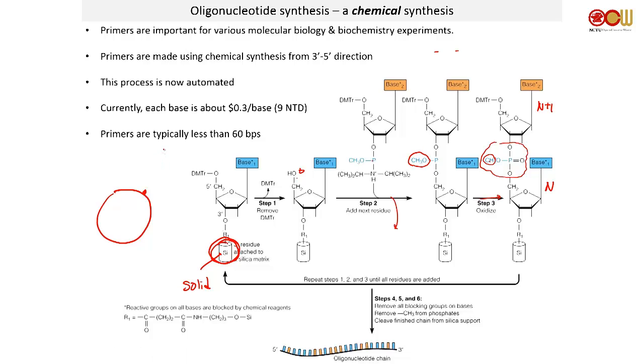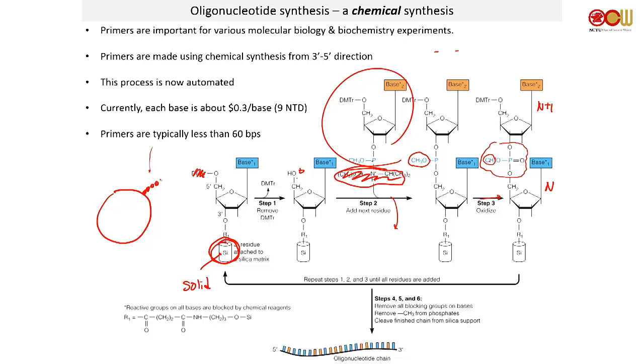Then when you add the second base, it's attached to the first base. And then you can wash off any reactive stuff. After the reaction, you have to wash these out. After you wash it out, your base is ready to add another base, but you have to first remove the protection group, wash it out, add this one, and then add the third base.